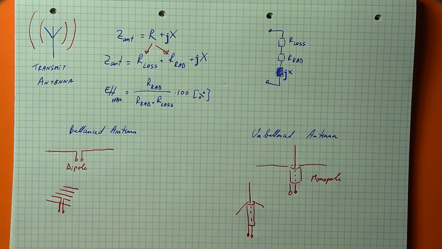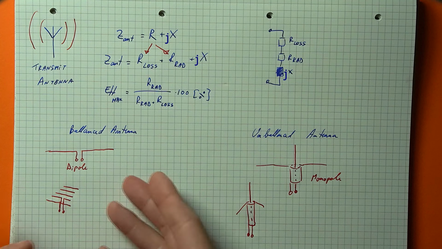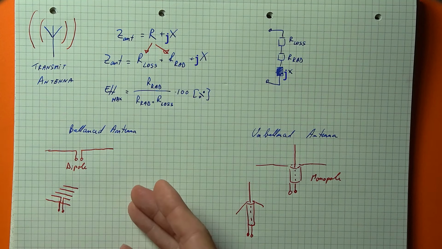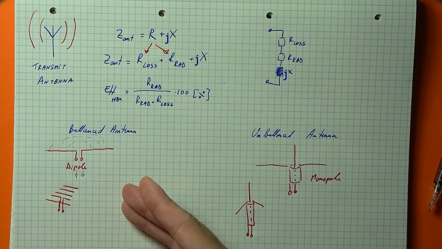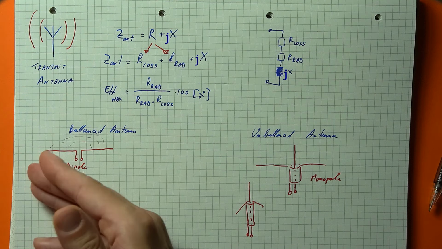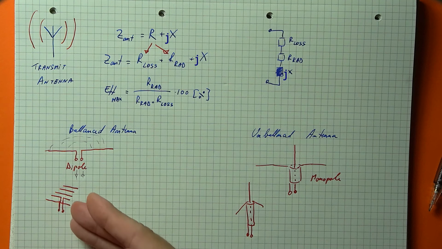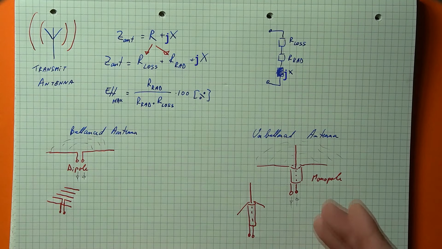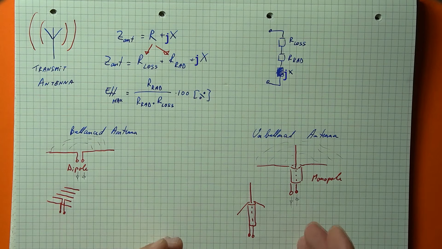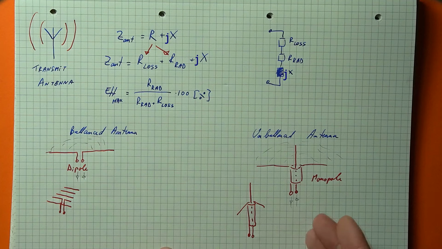So with a basic balanced antenna, like a dipole or a Yagi, the two terminals of the antenna are the two terminals of the dipole. Because the current going into one terminal creates a field around the antenna and then comes back through the other terminal. In an unbalanced antenna, like the monopole or ground plane antenna, one terminal is the obvious antenna bit, and the second terminal is the ground to which the field closes back.